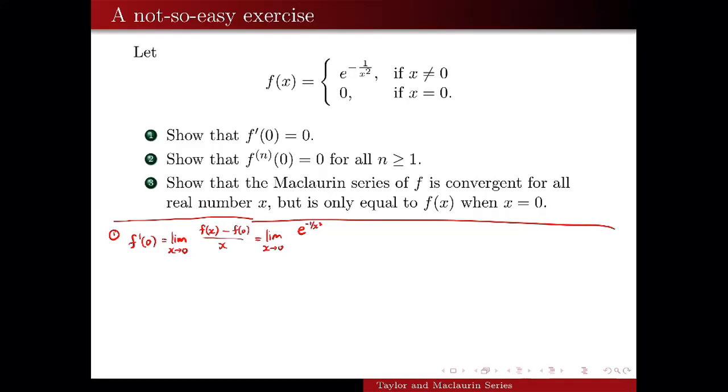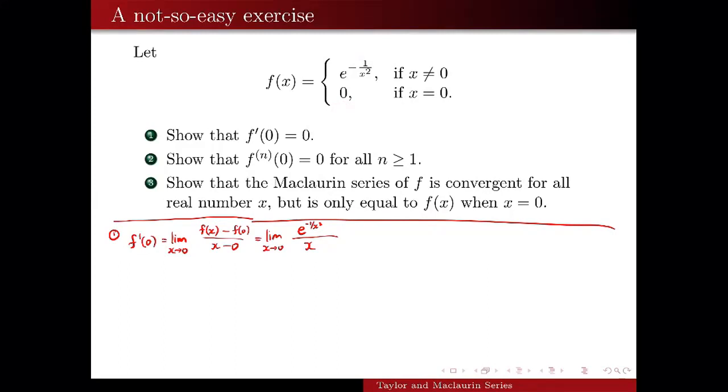F of 0 is 0 according to this. And then divided by x because you have x minus 0. Just to clarify, this denominator here, it's x minus 0. That's why we'll just have x in here.